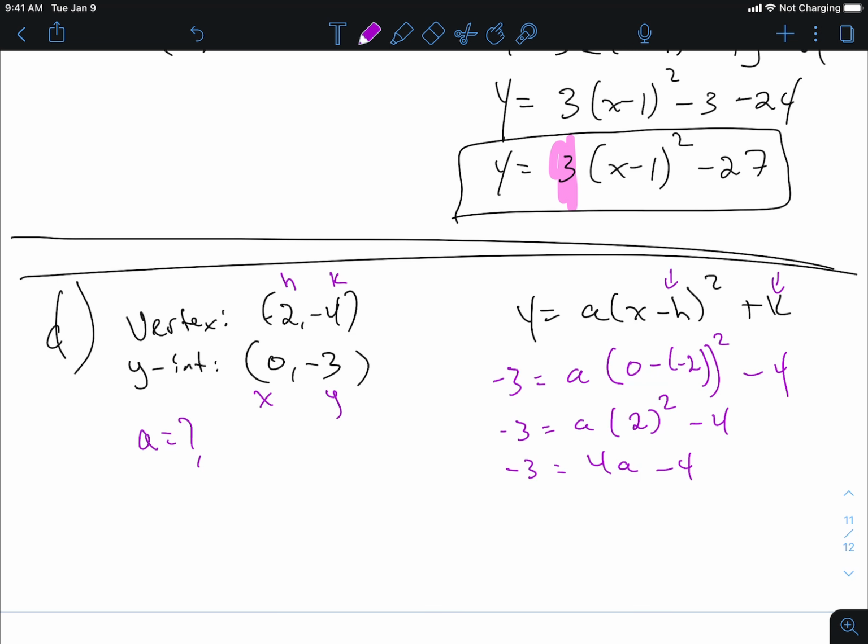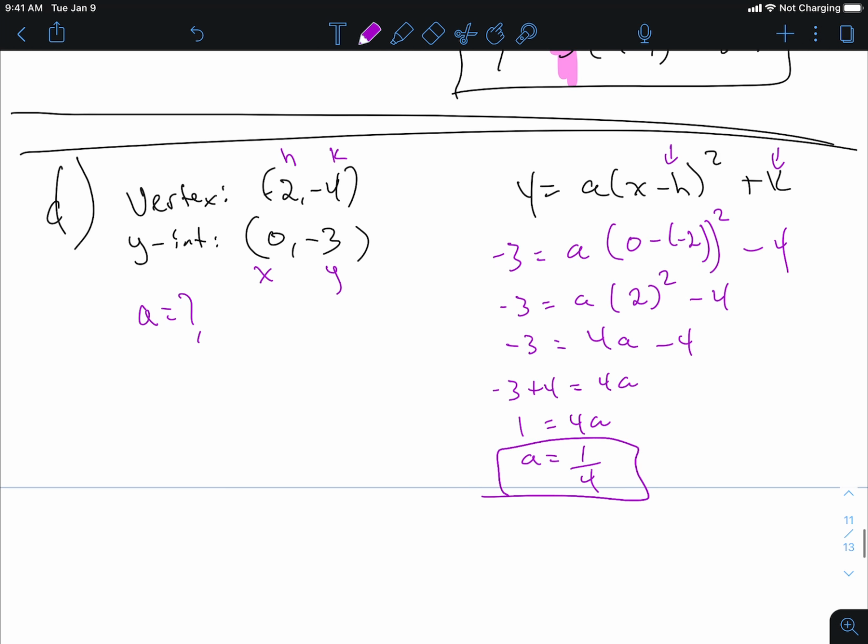So I'm going to get -3 plus 4 is equal to 4a. 1 equals 4a. a equals 1/4. Rewrite the equation.